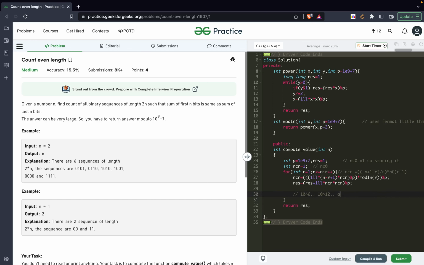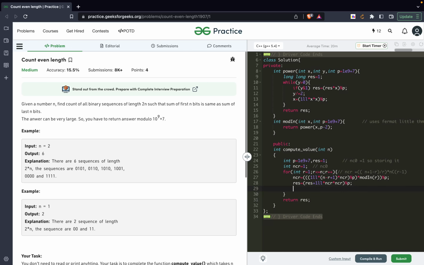However, the capacity of an int is to store only 10 to the power 9, or let's say 2 into 10 to the power 9, right? Since this number is bigger than that particular number, it would overflow, and as soon as it overflows, it would give you an incorrect value, most probably a negative value. We want to avoid that.